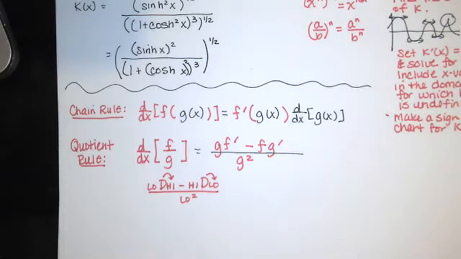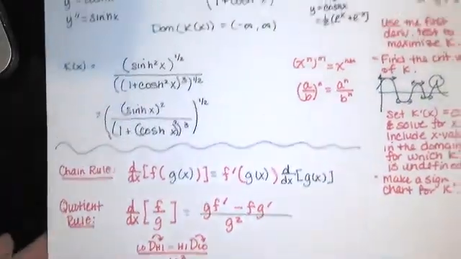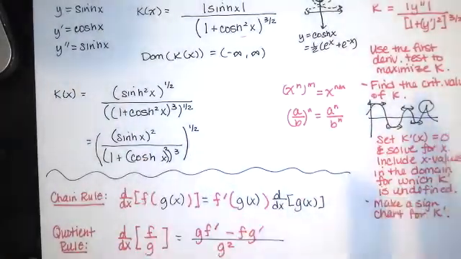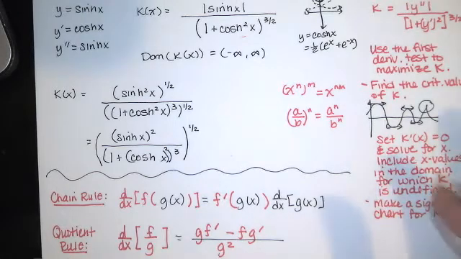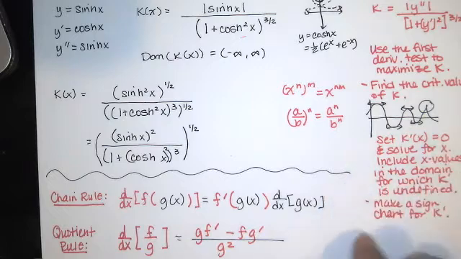And now we are ready to find some critical points. So we're going to apply these two rules in order to find the first derivative of this function with respect to x, and then we're going to set it equal to 0, and we're going to solve for x. And then those critical points are going to populate our sign chart, and then once we've got our sign chart, we will determine where our curvature is maximized.